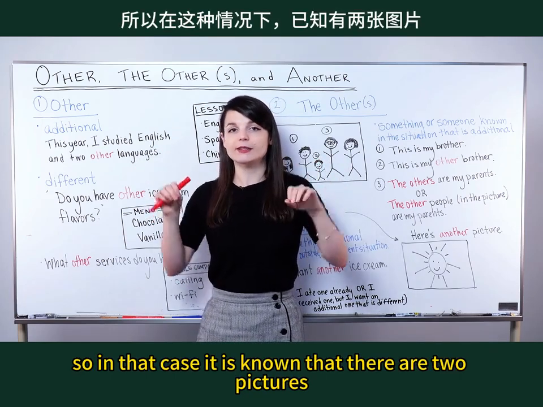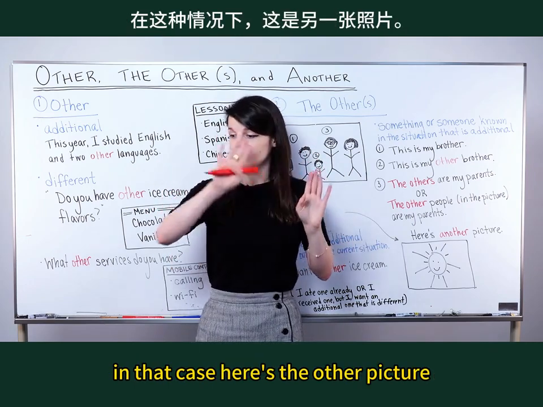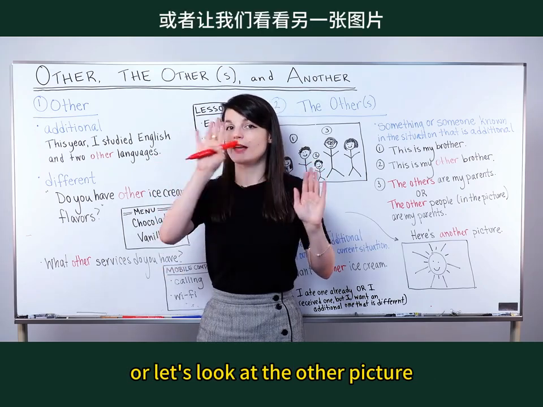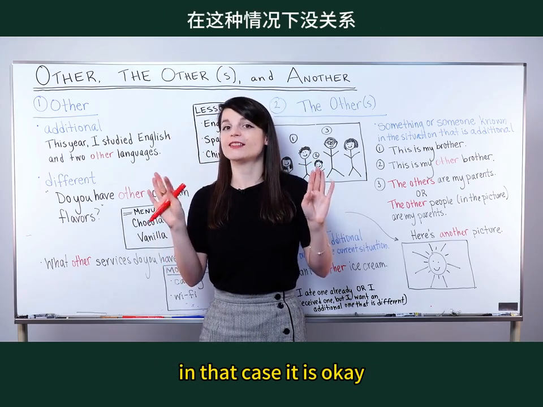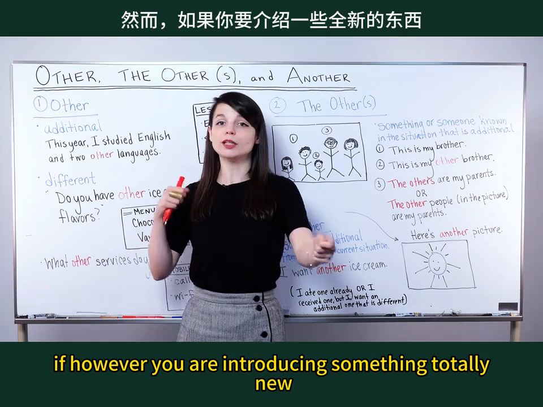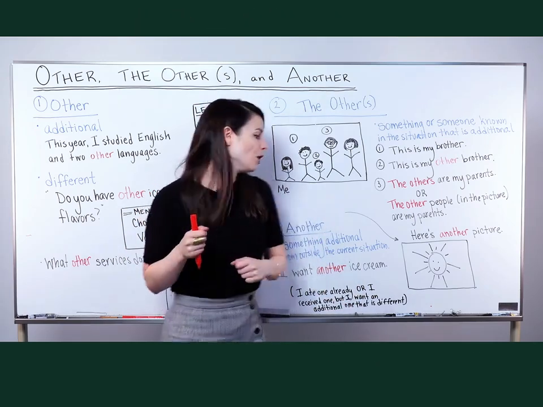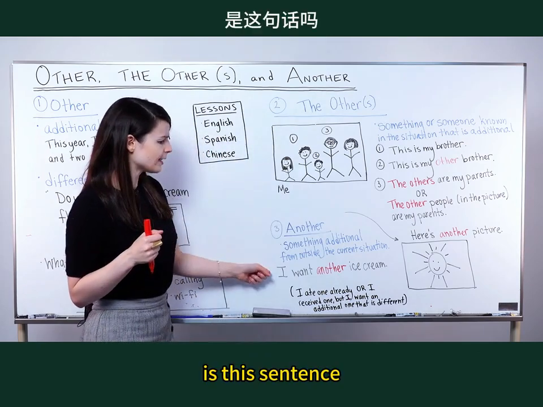So in that case, it is known that there are two pictures. In that case, here's the other picture, or let's look at the other picture. In that case, it is okay. If, however, you are introducing something totally new, use another. Here's another picture.